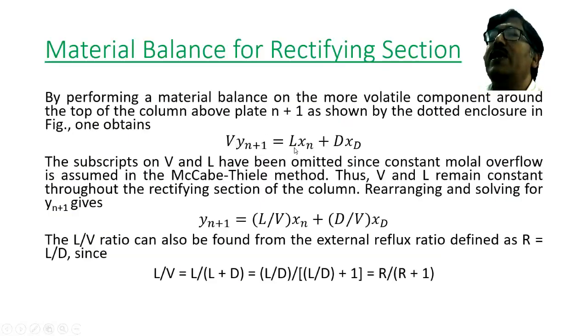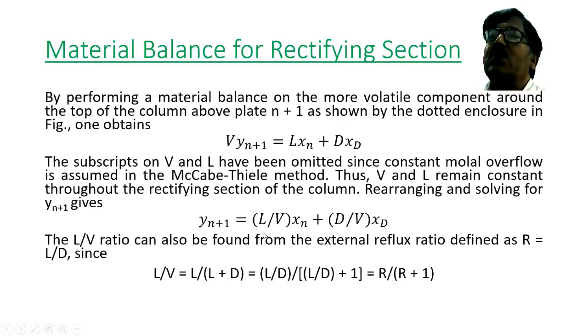That equals liquid flow rate into mole fraction of more volatile component in that liquid, plus D, the distillate rate, into XD, the mole fraction of the more volatile component in the distillate. After rearranging, we get Yn plus 1 equals L by V into Xn plus D by V into XD.